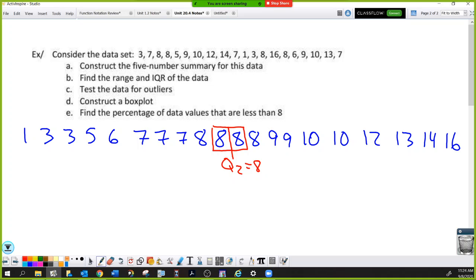So 10 plus 1 divided by 2, the 5.5 term, you're looking for the average of the 5th and the 6th term. 2, 3, 4, 5, 6. So your Q1 is 6.5. Same thing's going to happen for Q3. The average of 10 and 12, so Q3 is 11.